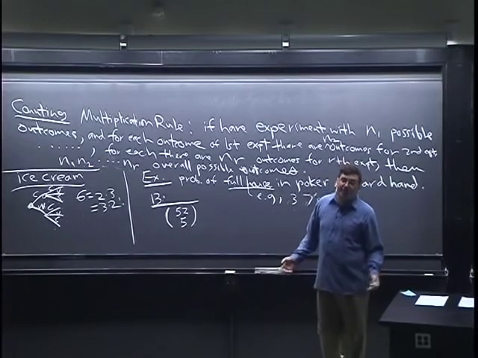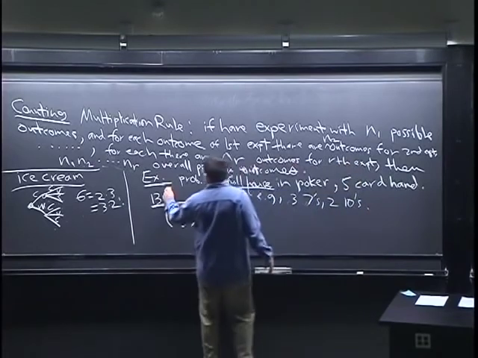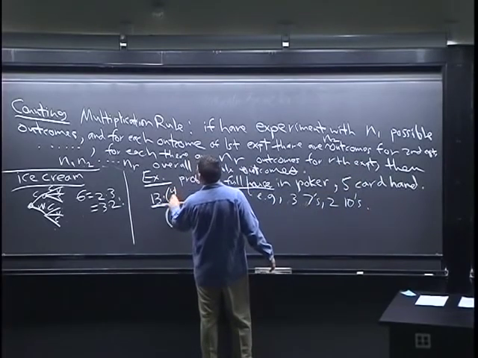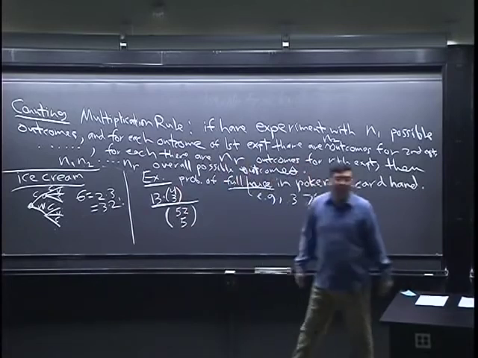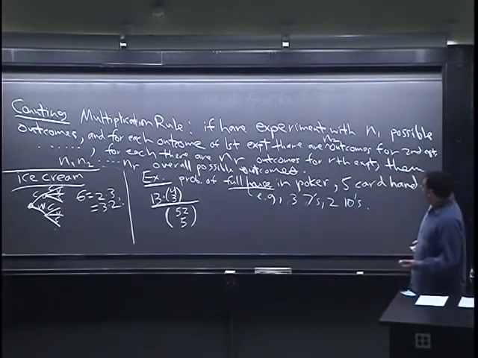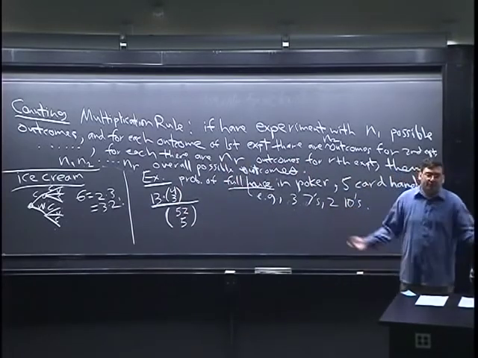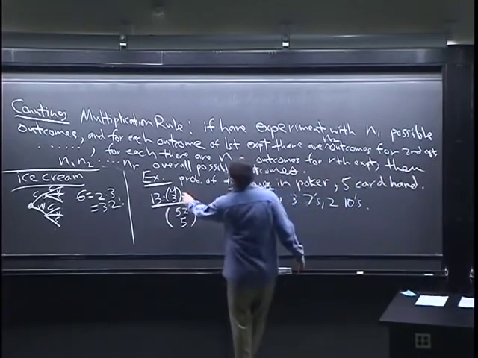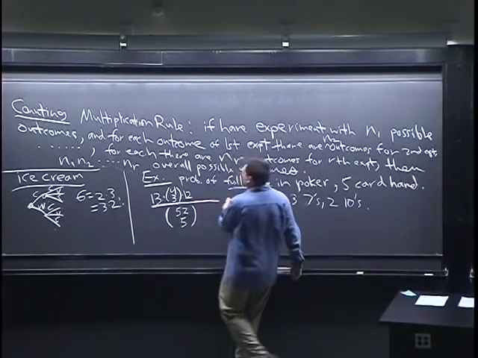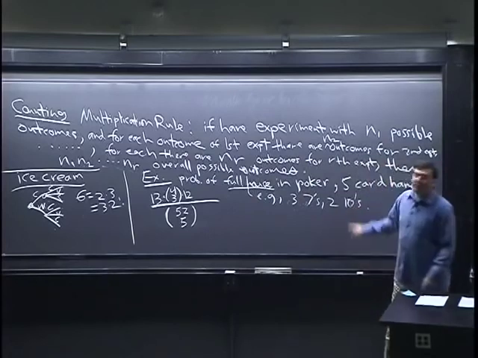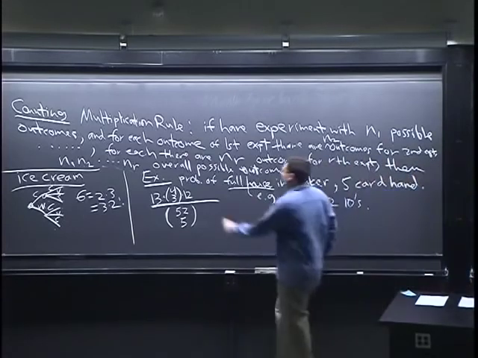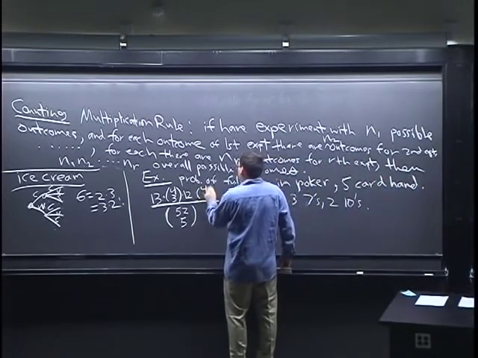Well, there are 4 7s in a deck of cards, and I need to choose 3 out of the 4, so I'm going to multiply by 4 choose 3. Then I need to choose what the other one is, so I wrote 10s here, but could have been anything. There's 12 possibilities, because it could be anything except 7s in that case. And then we need 2 of those, so 4 choose 2, and that's it.